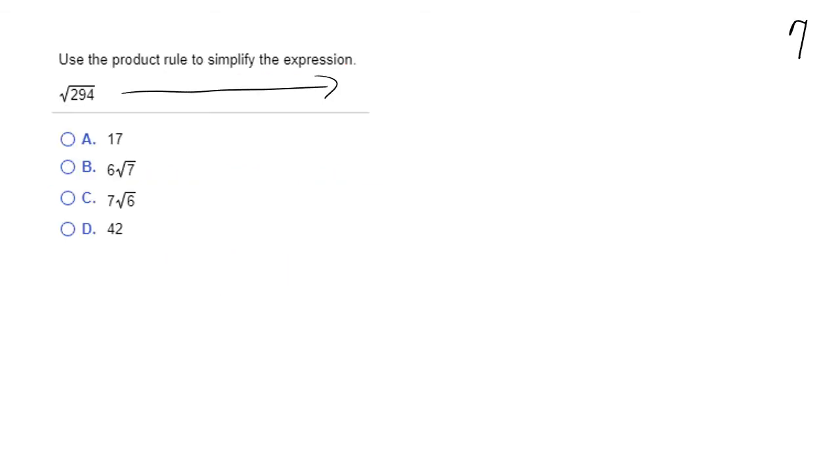We want to go ahead and take the square root of 294 and simplify that a bit. One way to do that is with a factor tree, and it's good to see what perfect square number would divide into 294. Let me go ahead and take 294 and divide by 4, and that does not divide evenly.